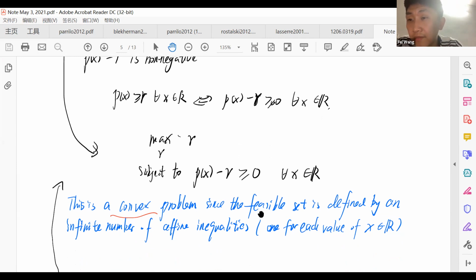This is the feasible set. The feasible set is defined by an infinite number of affine constraints, because there are infinitely many values of x. For each value of x in the reals, we plug in x and get an affine constraint for gamma, and there are infinitely many of them. So this is a convex problem.